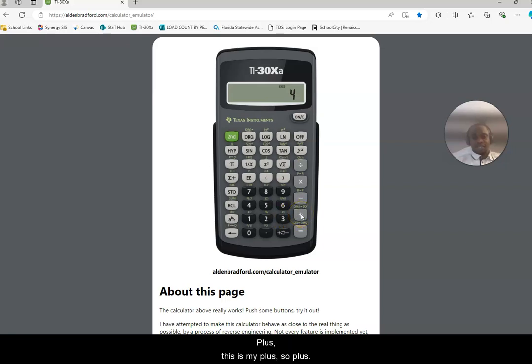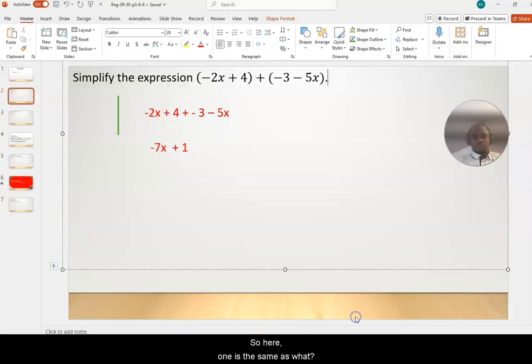This is my plus, then I'm going to press 3 negative. So that is plus minus 3. And this is going to give us what? 1. So here 1 is the same as what? Plus 1. Alright, so we have simplified this expression.